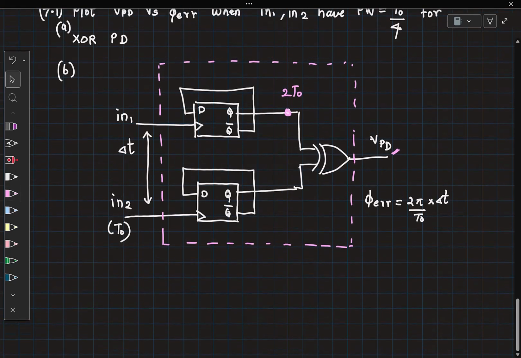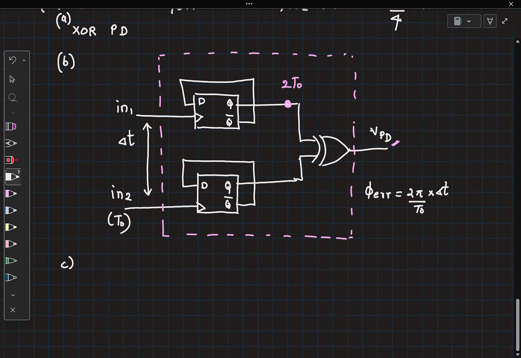Okay. Now a third question. You can plot VPD average versus phase error. Again, this is for the XOR PD.